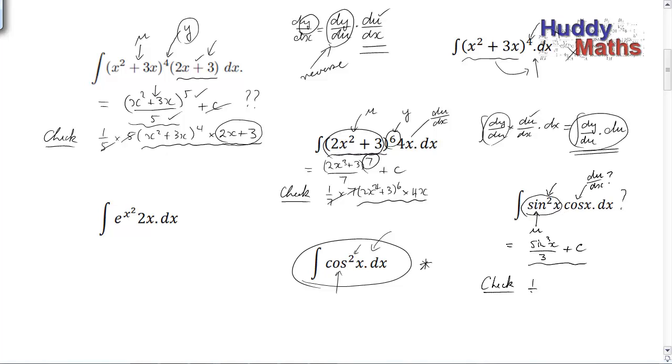The derivative would be that third and then multiply by 3 sine squared x, dealing with this function here, and then multiplying by cos x, which is the derivative of that. So it does come back to the same thing. And have you got the idea? We're going to set it out a bit more formally later on.